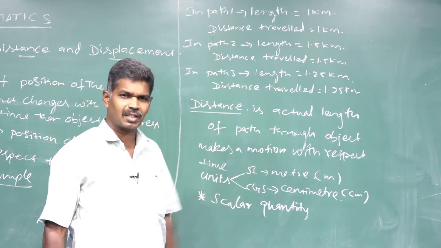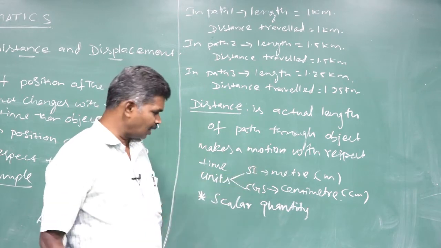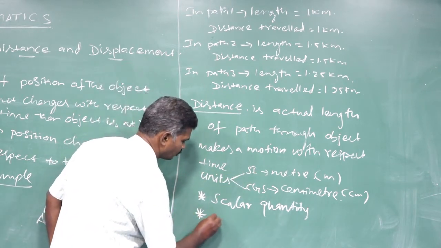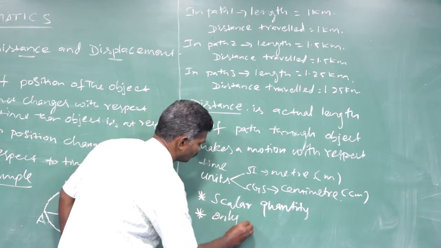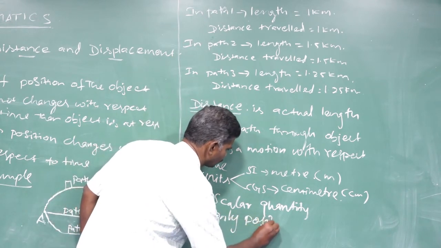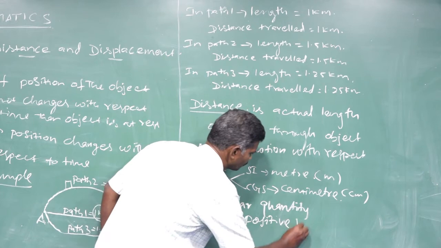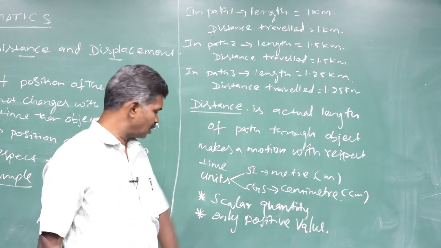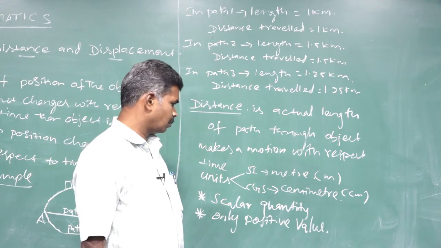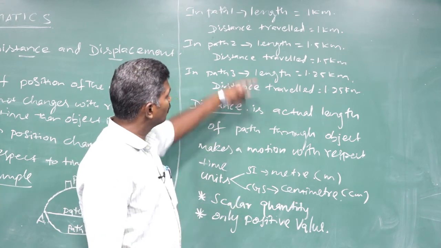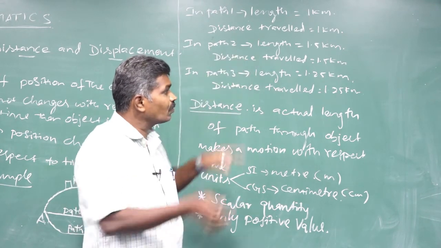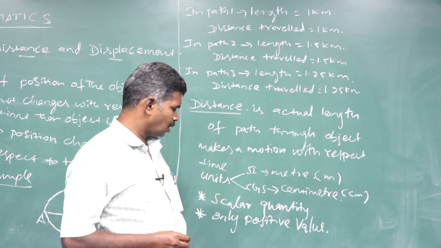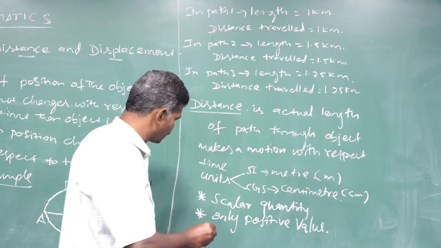If a position changes, it has a certain value, but it is only the positive value, not negative as well as zero. But it takes many values if the object moves from one place to another place. Not only one value, it takes many values.